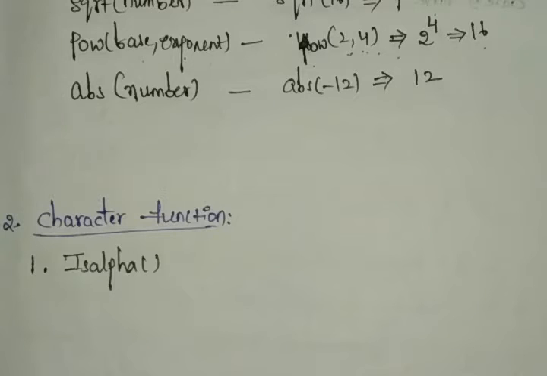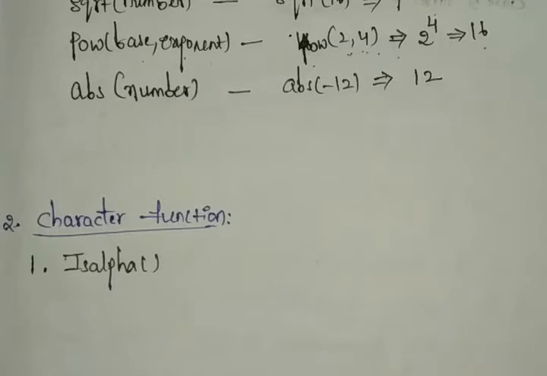If the user enters an alphabet, there is no problem, that is non-zero. If you enter the alphabet A, that is shown in our output. If you do not enter anything, it shows 0.